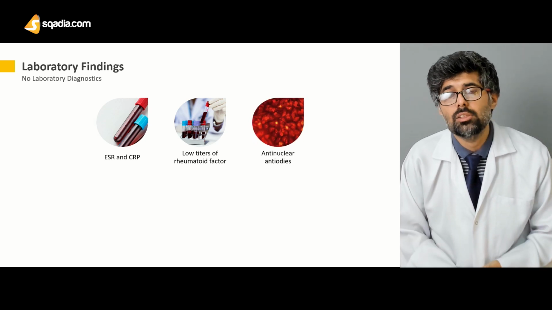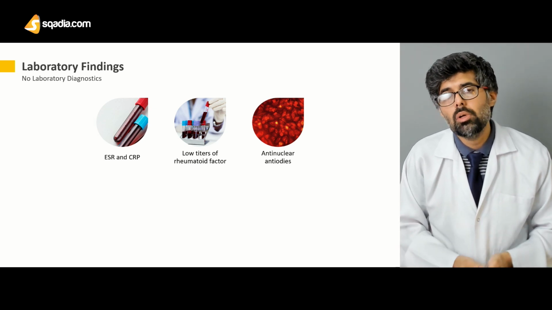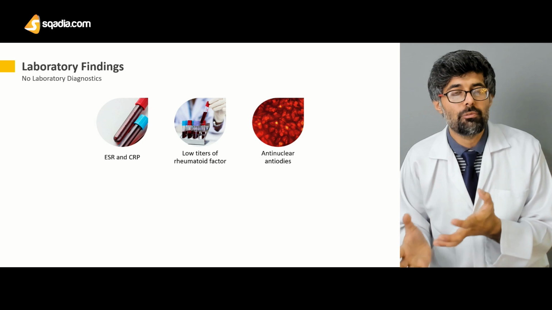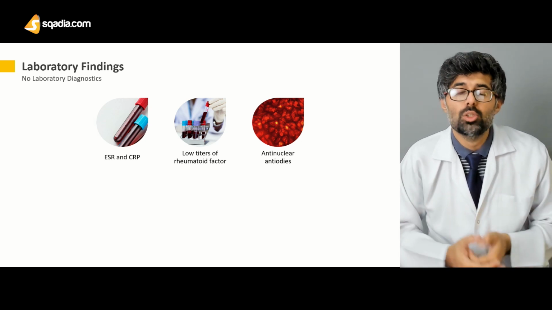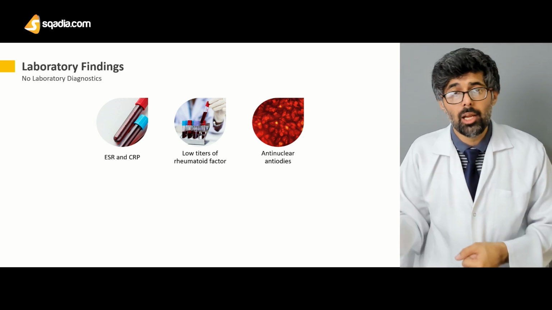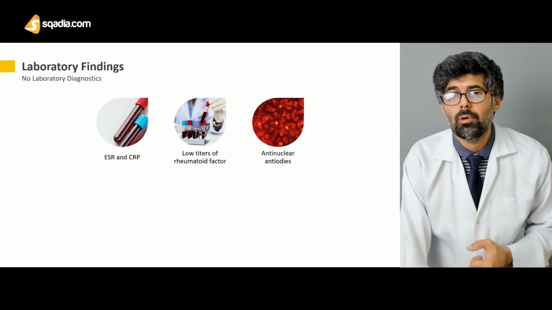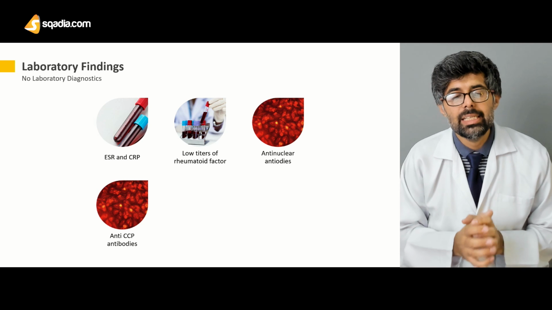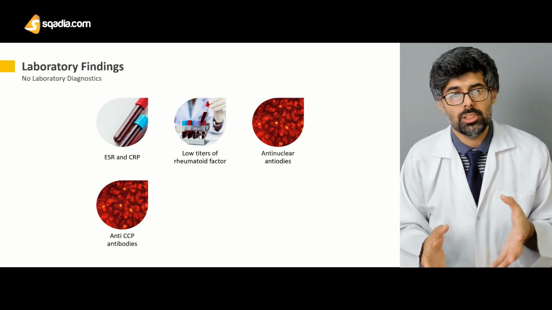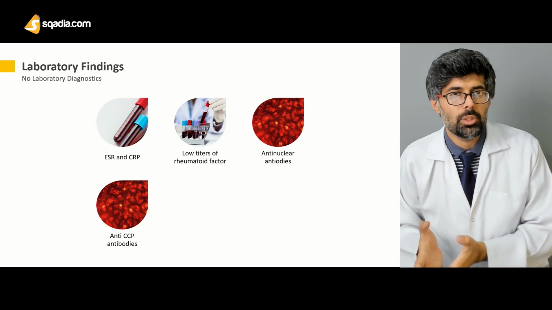Next is the presence of the anti-nuclear antibodies. Now, anti-nuclear antibodies are usually found in patients with autoimmune disorders. And because it is both autoinflammatory and autoimmune, anti-nuclear antibodies are found here. Then there are the anti-CCP antibodies, or the anti-cyclic citrullinated peptide antibodies.